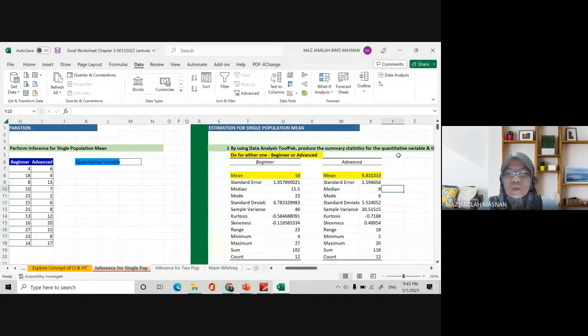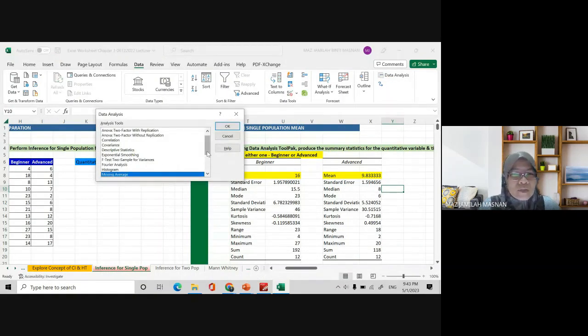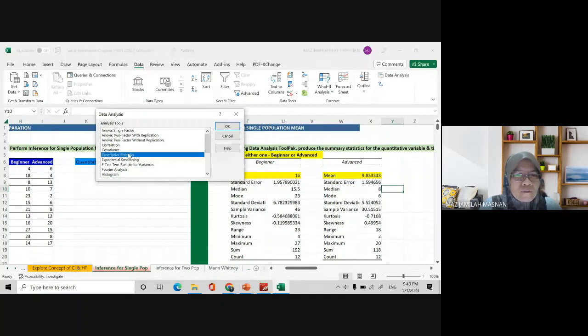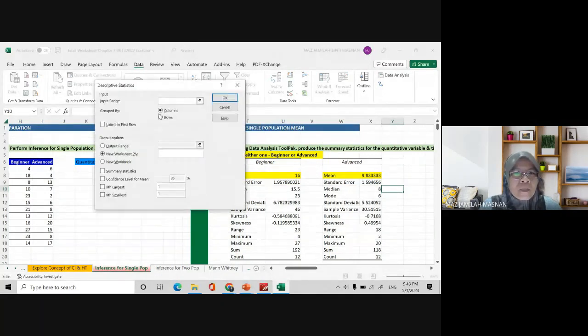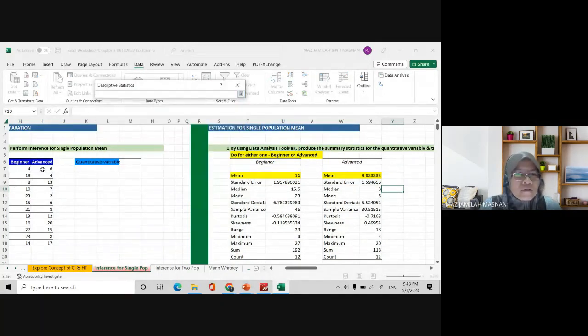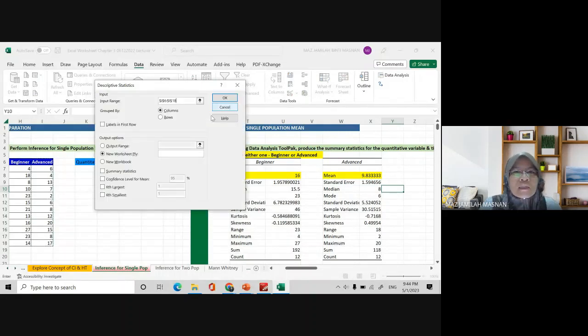So let's say we want to generate this. Just go to data analysis. So you don't have to calculate everything again. It will calculate for you everything. Descriptive statistic. Now we have descriptive statistic. So the things that we have covered before, let's say I just take the advanced. The column, it should be in column, label in the first row selected, yes.